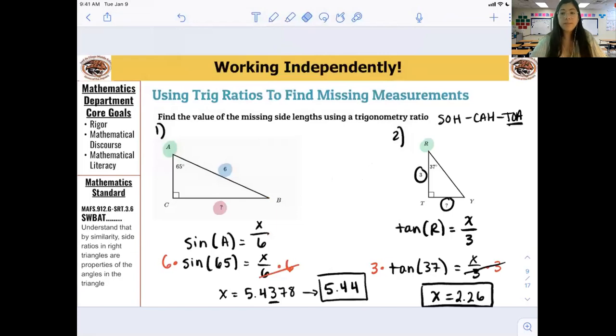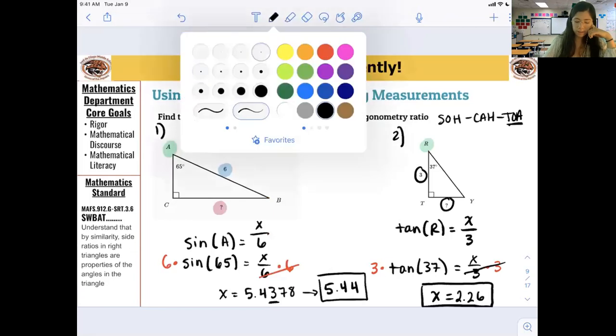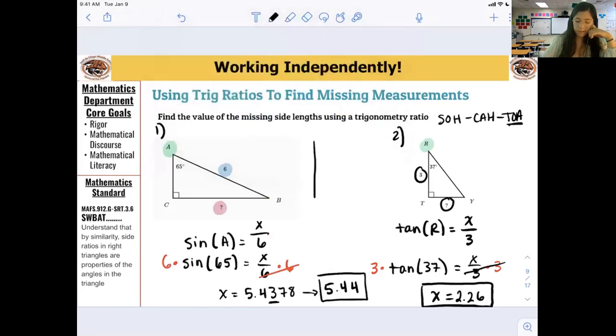Questions? Quick reminder, there was a question in the chat, so I want everyone else to answer it for me. How do you know which side is opposite? How do you know which side is adjacent?